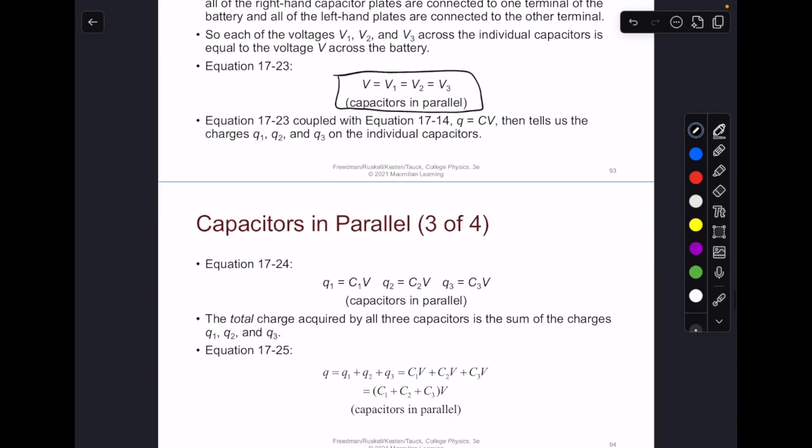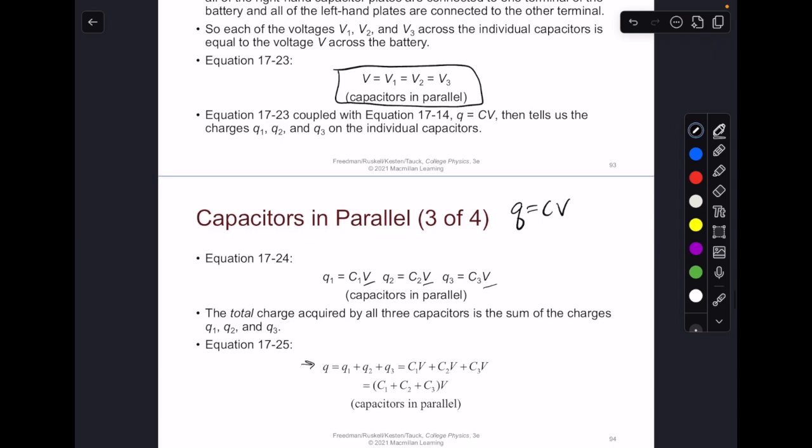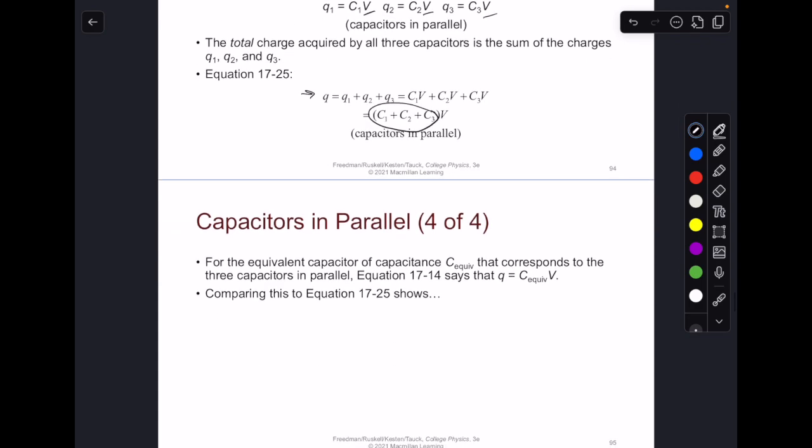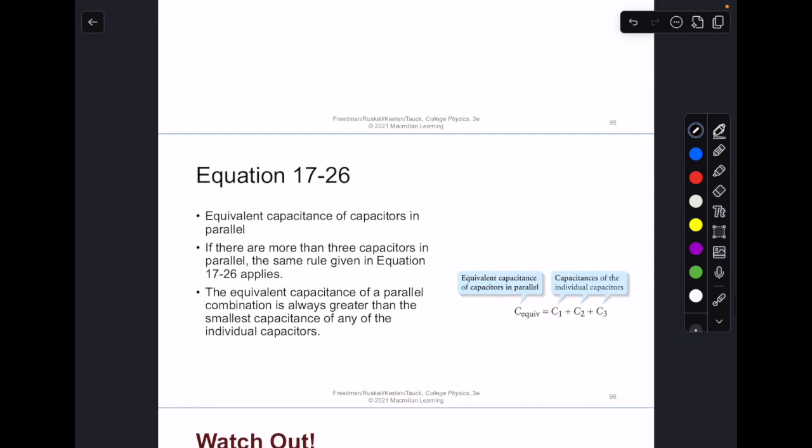We plug in our fundamental Q equals CV relationship for Q. The V's are all going to be the same. We add them together, and we see that for capacitors in parallel, the equivalent capacitance is simply the sum of each capacitor. Capacitors in parallel are a little bit easier to digest. Their equivalent capacitance is C1 plus C2 plus C3, okay?